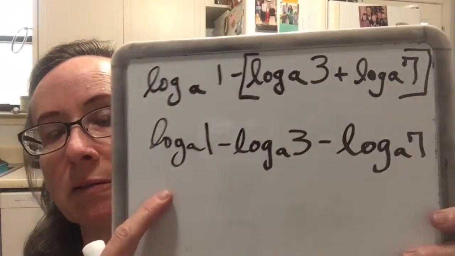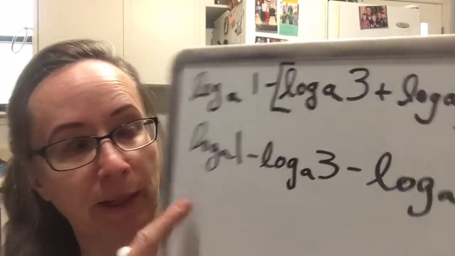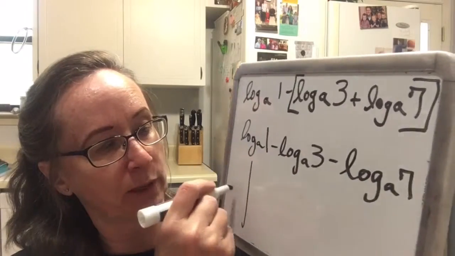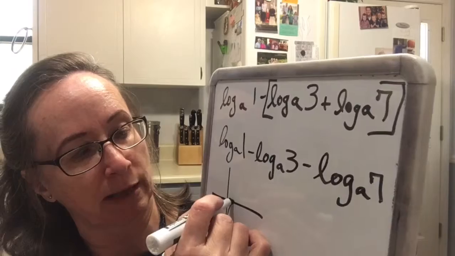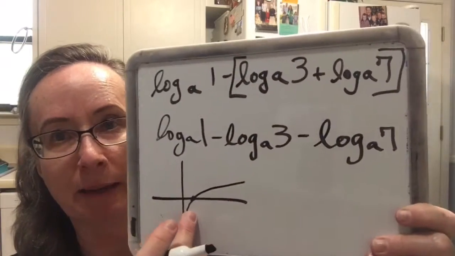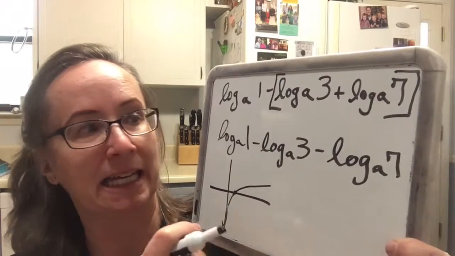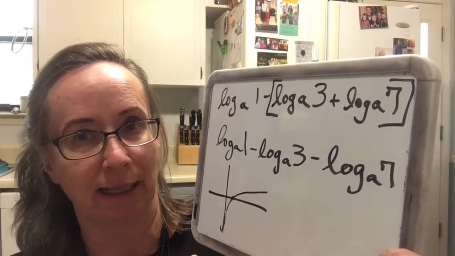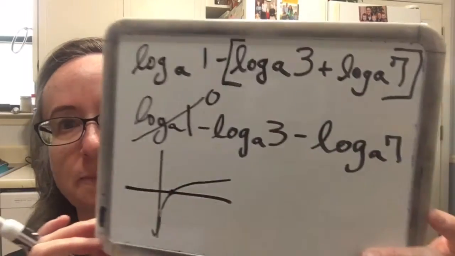So I'll write those on the board. What do we know about log base a of 1? This is one of our properties, right? Anytime we graph the logarithm, doesn't it go through a very special anchor point? And that point is (1, 0). So the log, any base, of 1 is 0. So this whole thing is going to just go to 0.